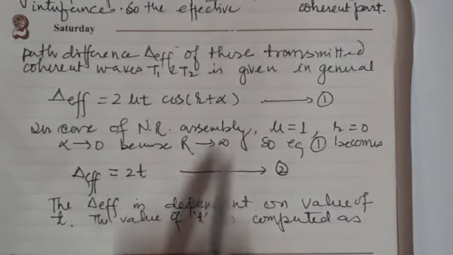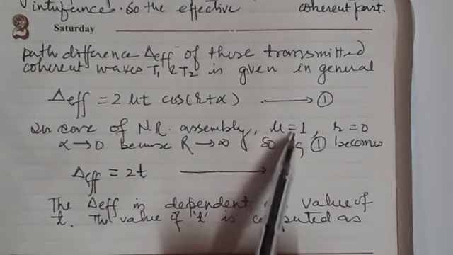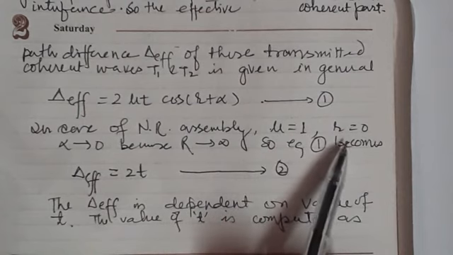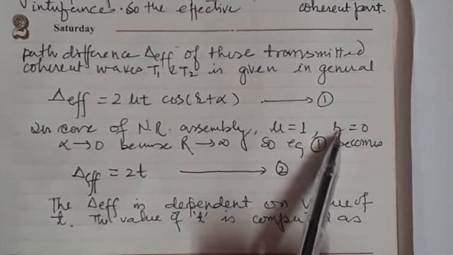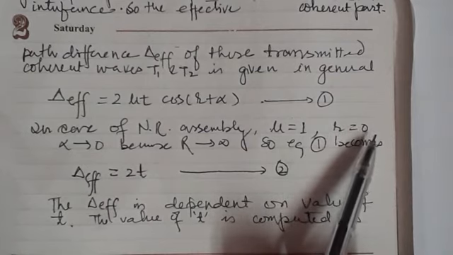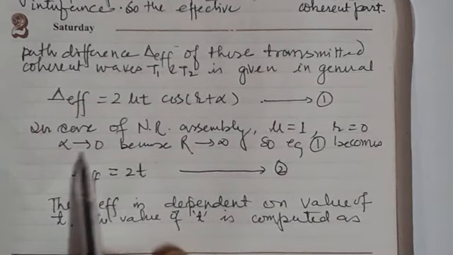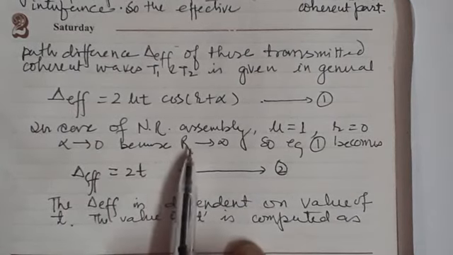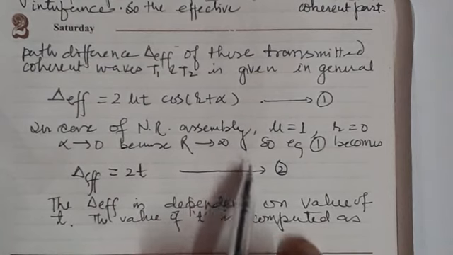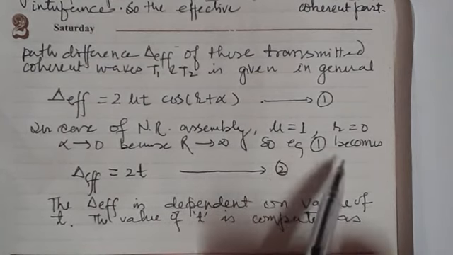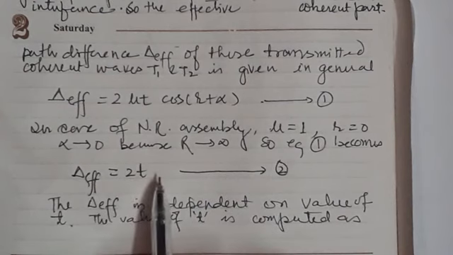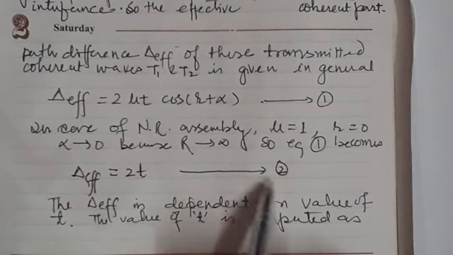In case of Newton ring assembly, the value of refractive index is 1 because air thin film is formed. Value of r is 0 because angle of incidence is 0, and alpha is tending to 0 because R is effectively very large, that is infinite. So equation 1 becomes delta effective equals 2t, that is our equation 2.